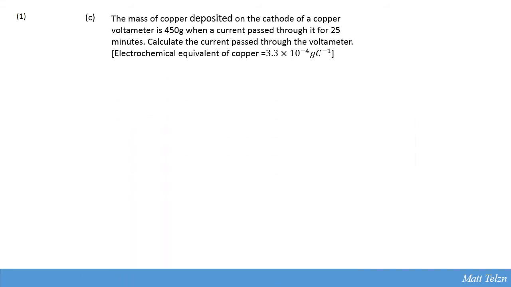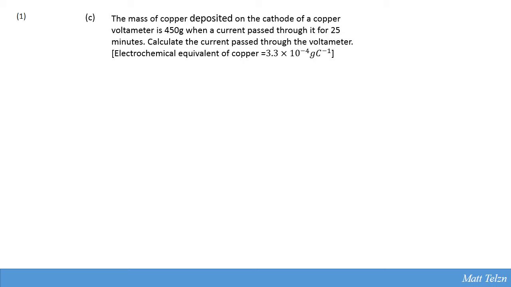Now the C aspect is a calculation. The question said the mass of copper deposited on the cathode of a copper voltameter is 450 grams when a current passes through it for 25 minutes.